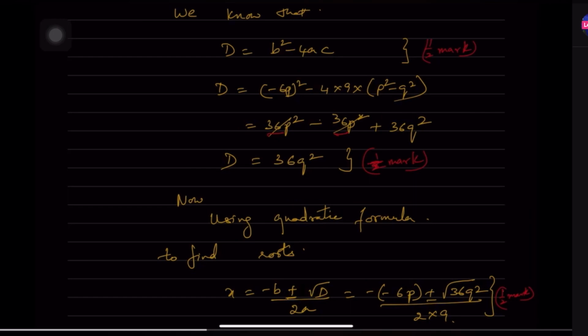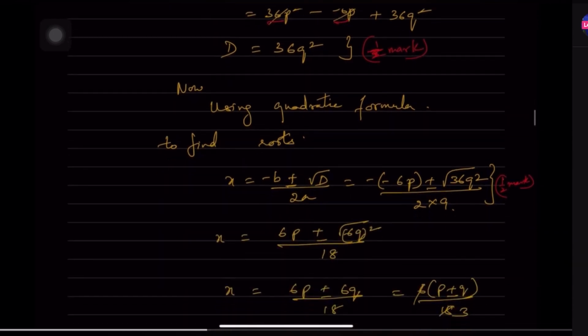Now using the quadratic formula to find roots, x is equal to minus b plus or minus root D by 2a. So you are getting minus of b, which is minus 6p, plus or minus root of the discriminant which we got, 36q square, by 2 into 9. So minus into minus gives you plus 6p plus or minus root of (6q) whole square by 18.